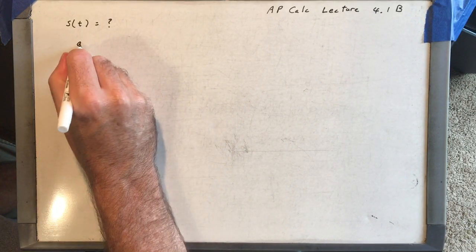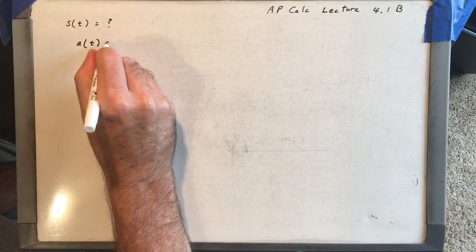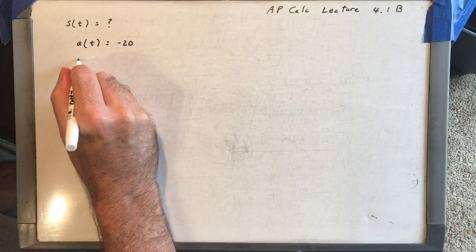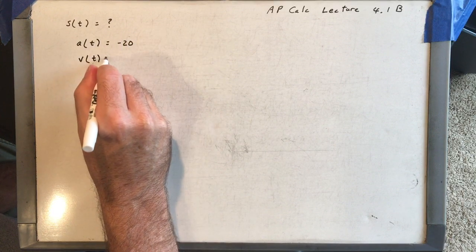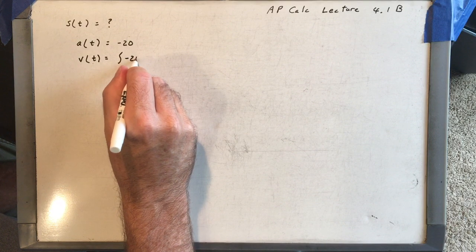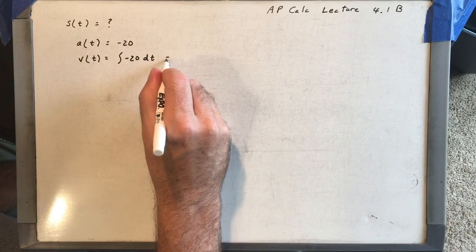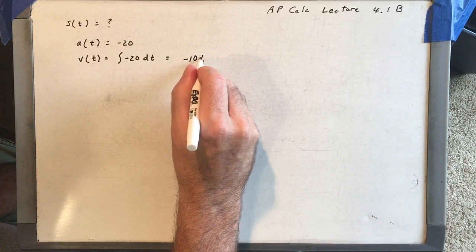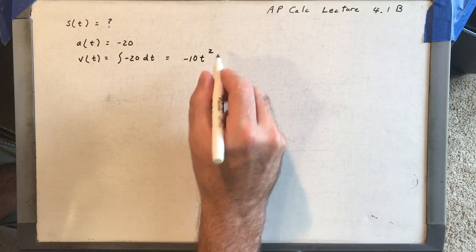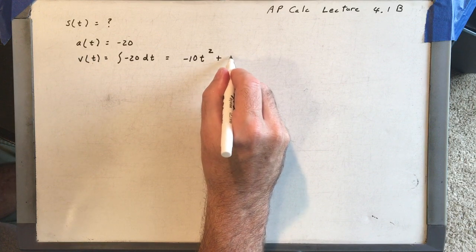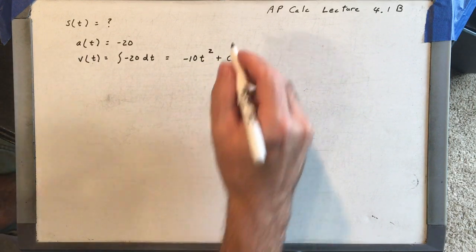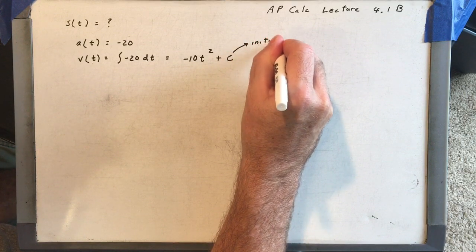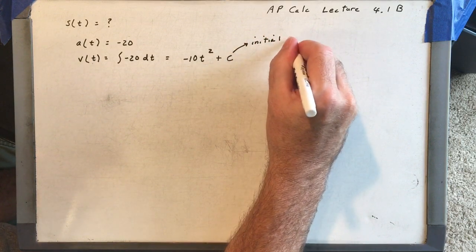We start out with a of t is equal to negative 20. So for v of t, we would integrate negative 20. If you integrate negative 20, that's negative 20t plus c. c is your initial velocity.